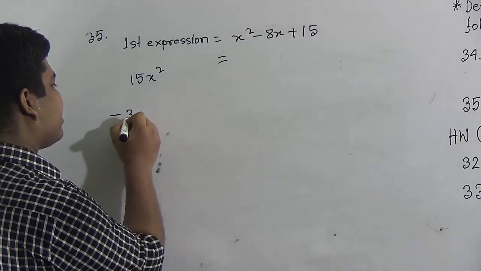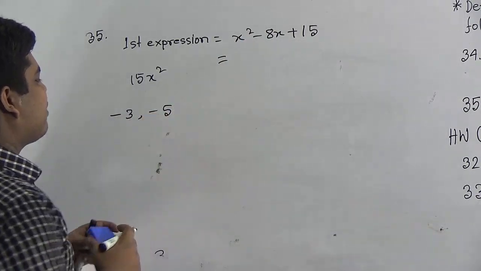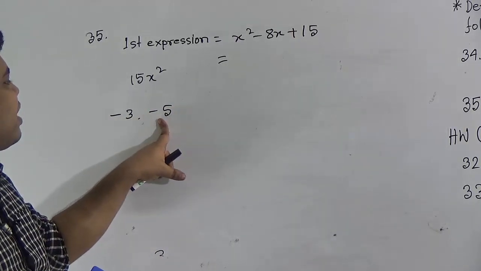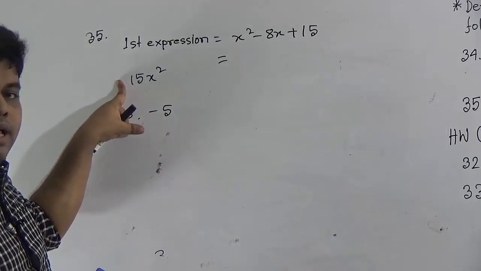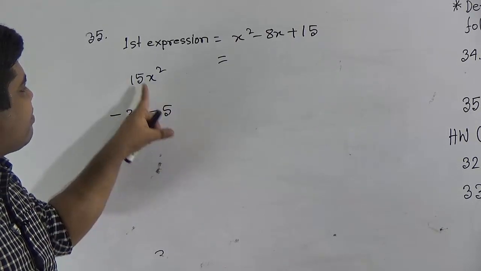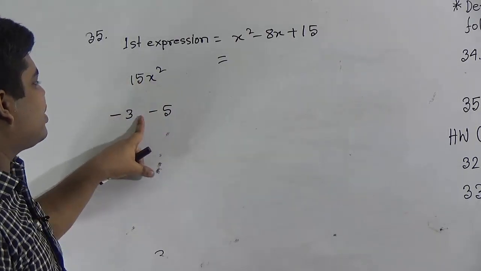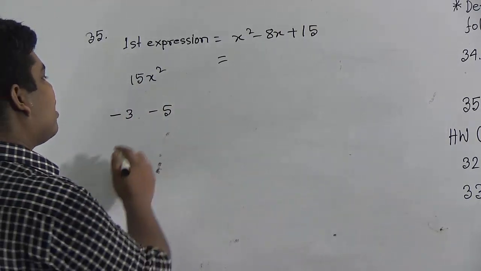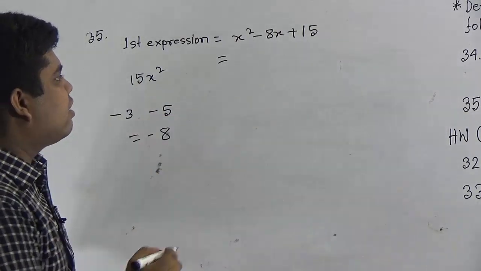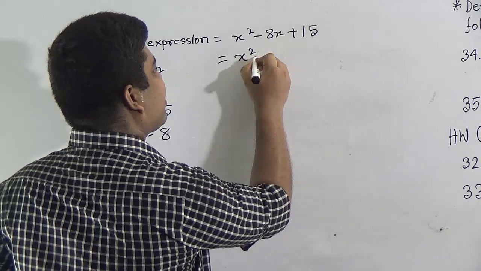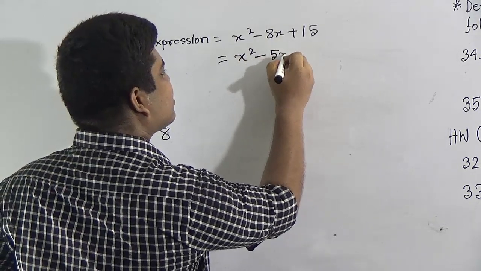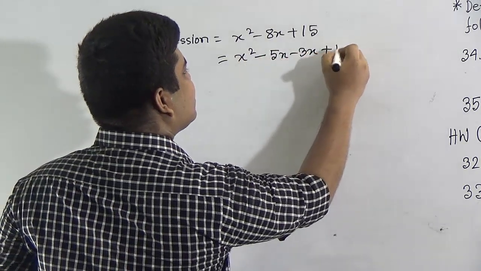So we take minus 3 and minus 5. If we multiply these two numbers, then minus minus will be plus, and we get 15. But if we add minus 3 with minus 5, then we get minus 8. So the expression will be x square minus 5x minus 3x plus 15.